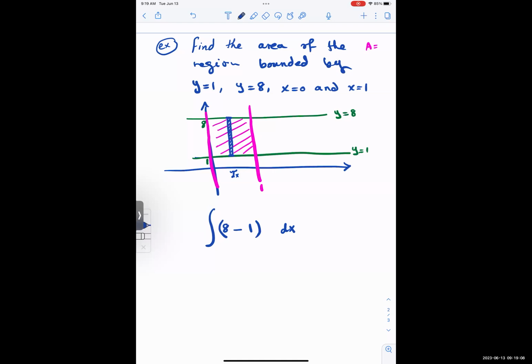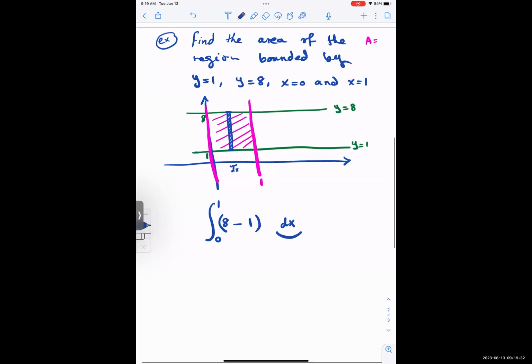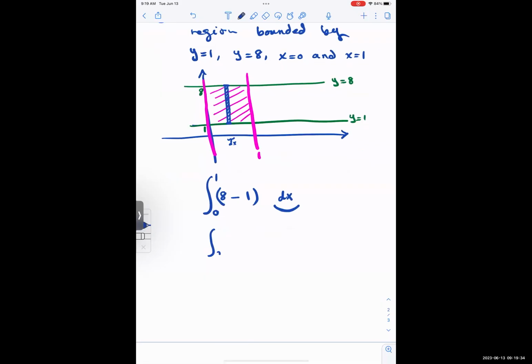Since this is dx, please pay attention to this: my beginning and ending points would be along the x-axis. So it goes from 0 all the way to 1. So that's my integral setup: top function minus bottom function from 0 to 1. 8 minus 1 is 7, so 7 dx.